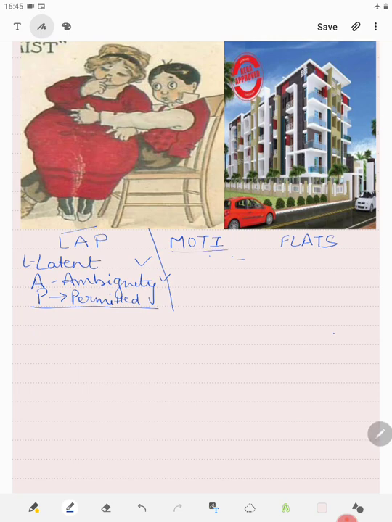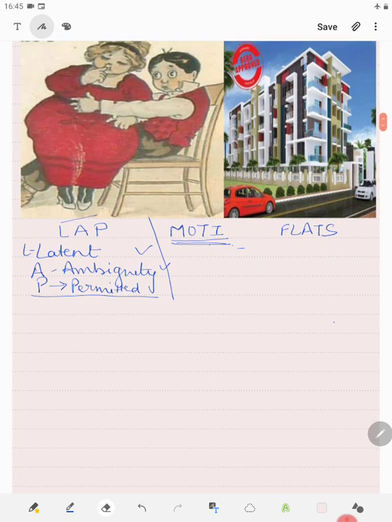Now, of the four types, there we saw the word used was fat, and a fat man was there. Here we have the word moti, a fat lady is here. And this is what we will now see: M stands for meaning, and this is section 95.